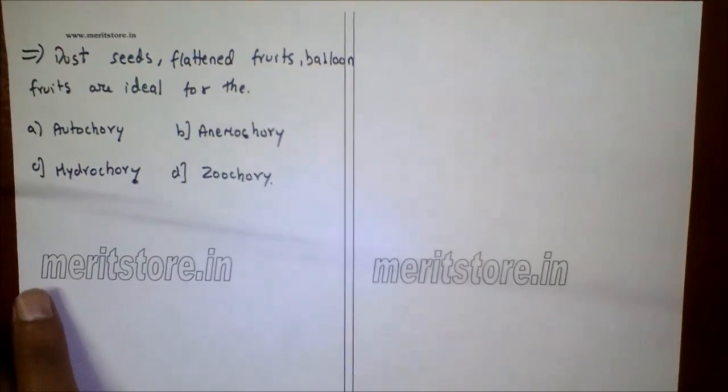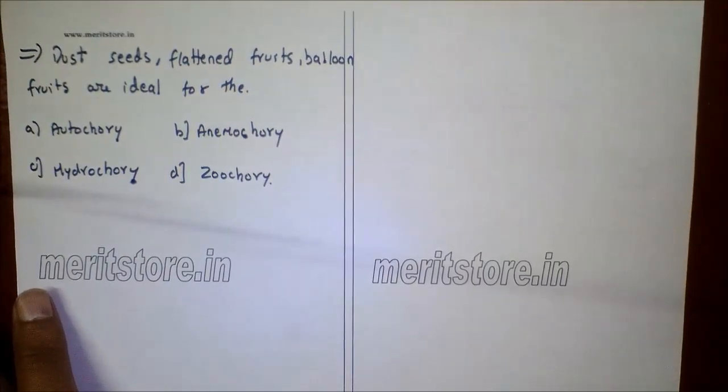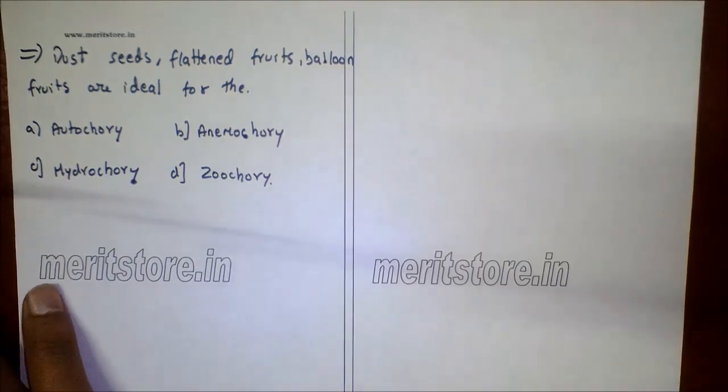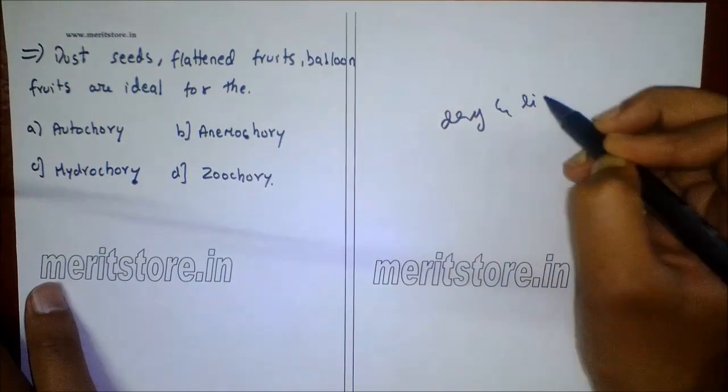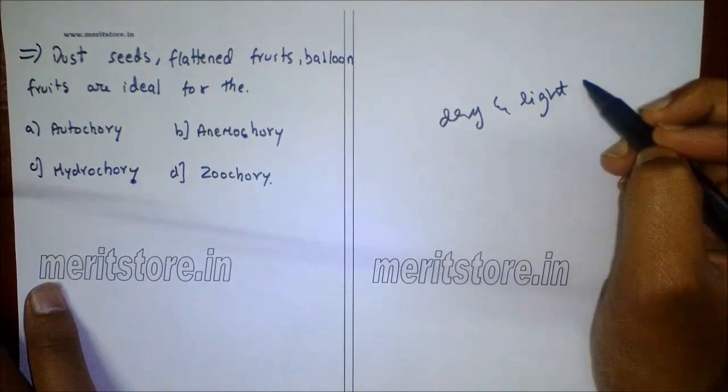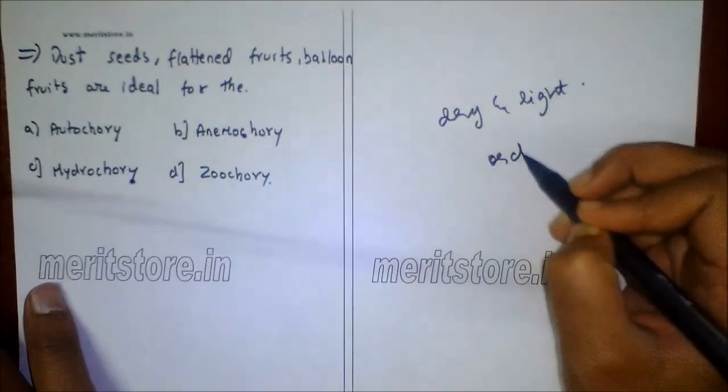Dust seeds, flattened fruits, balloon fruits are ideal for A. autochory, B. anemochory, C. hydrochory, D. zoochory. So dust seeds are very small, dry and light. It is seen in orchids.